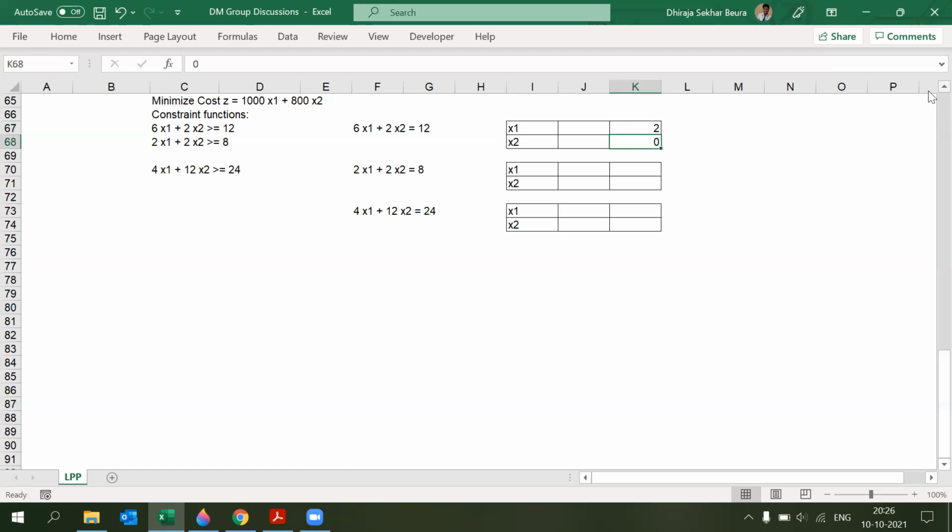So when you put 0, the second term, 2 into 0, is equal to 0. Now it becomes 6x1 is equal to 12. So x1 becomes 12 divided by 6, not minus 6. Please don't make simple mistakes. So 12 divided by 6 becomes 2, right? Yes, that's correct.